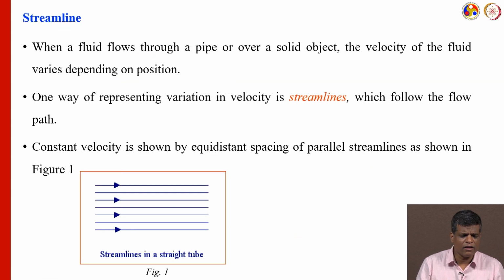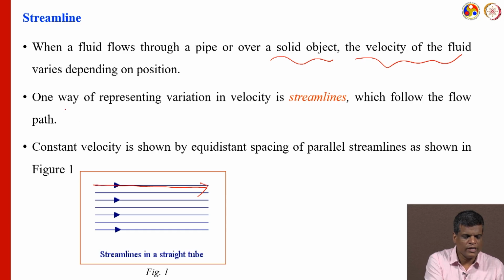Next is the streamline. When fluid flows through a pipe, over a solid object or something else, the velocity varies depending on position. One way of representing this is the streamline, which follows the flow path.